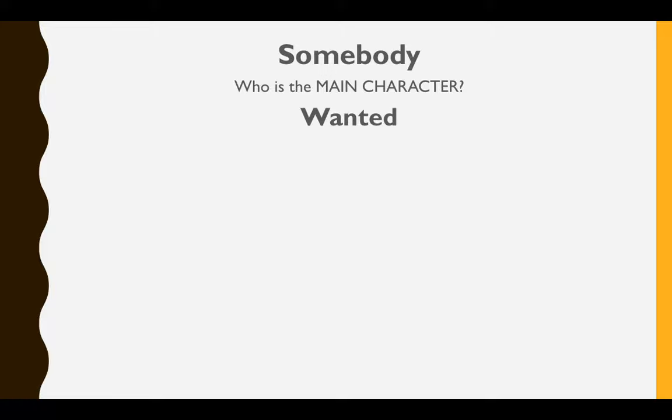The somebody represents the main character in a story. So you want to mention their name. The wanted is what does the character want in the story, or what are they trying to achieve?